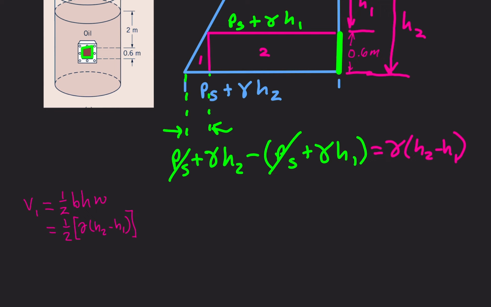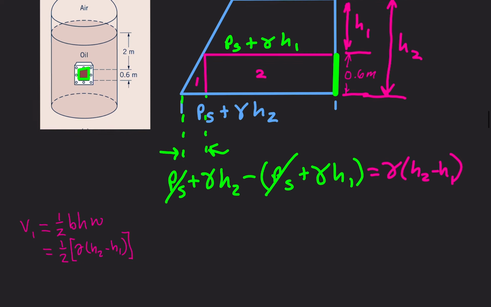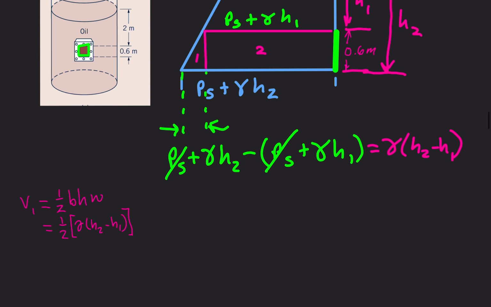The height is also H2 minus H1, isn't it? I'm just going to keep everything in variable form for now. Okay. So we see clearly that H2 minus H1 is 0.6, but I would like to keep things in variable form for now. So I'll write another H2 minus H1. So that's our height. And our width, we'll just leave that as W, okay? You could call it H2 minus H1 too, in this case, but we'll leave it like that for now, okay?